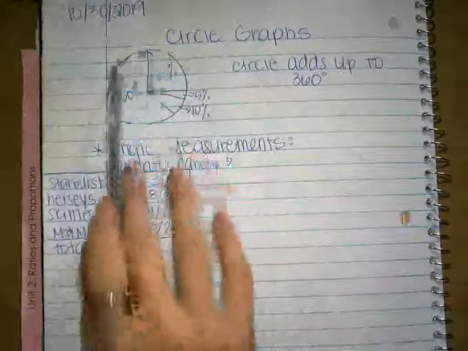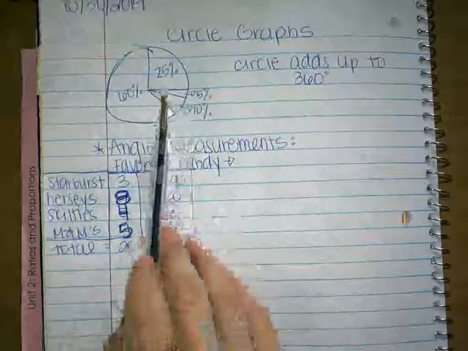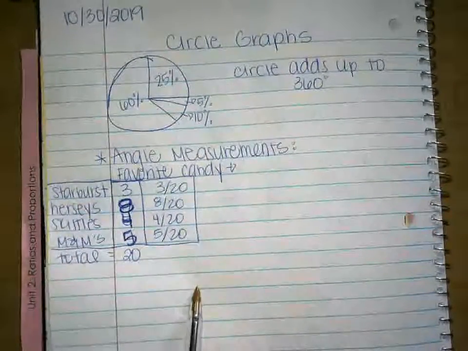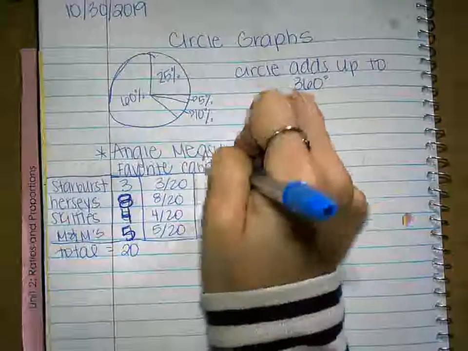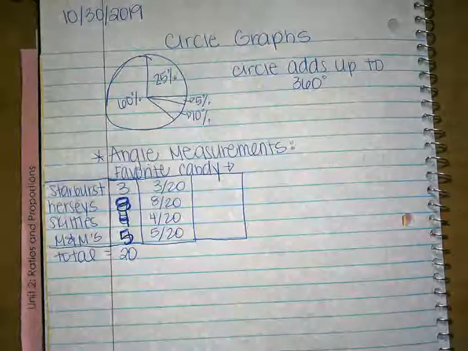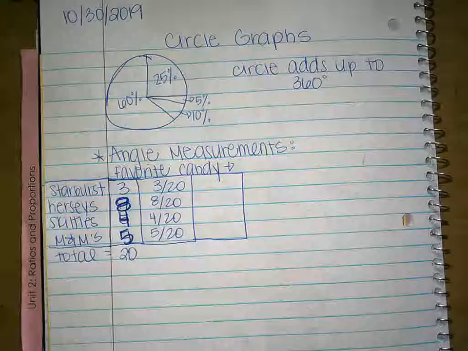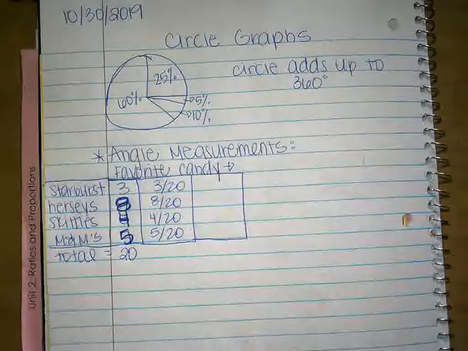Now, what do I have up here on this example? I have percentages. So what do you think I need to find now? Okay, I need to find my percents. There's a reason I got it to 20. That way the math was easy for us, right guys?